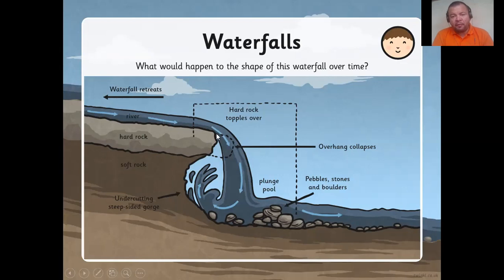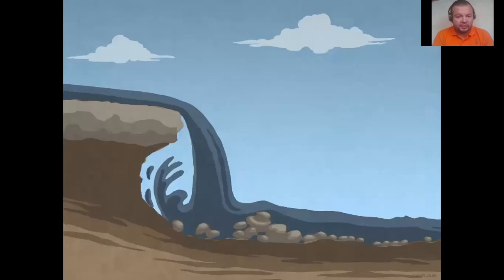In here, the overhang collapses. Why? Because of the force of the water. They plunge down, and the pebbles, stones, and boulders. You can see it in here. The water comes down with force, makes force in here also, and continues in here.